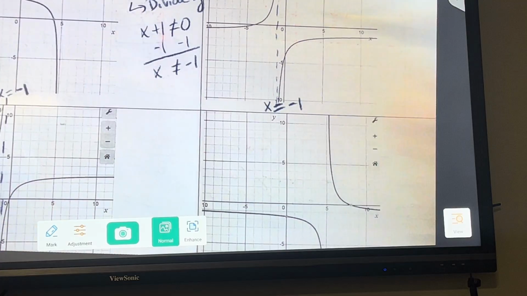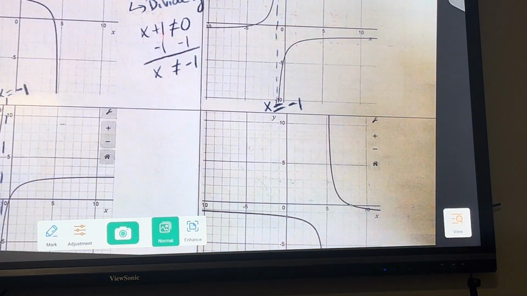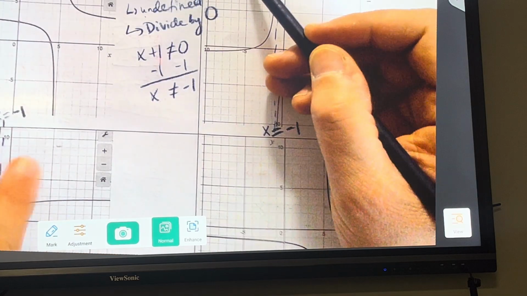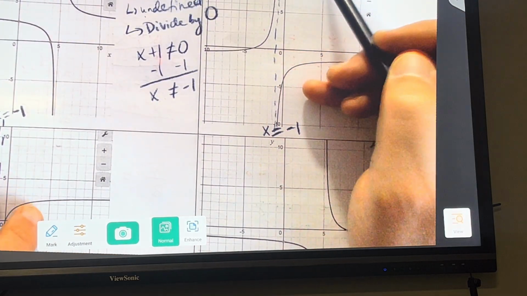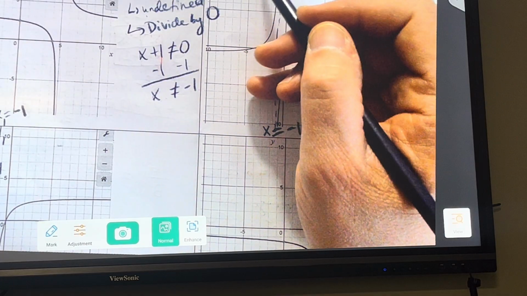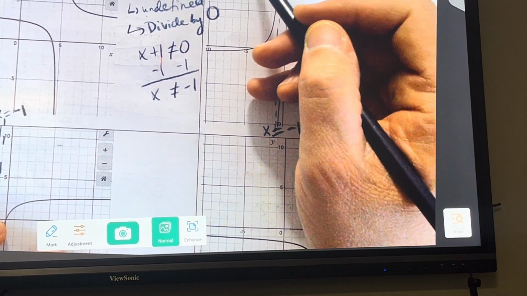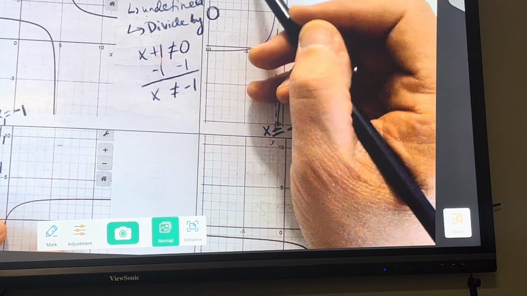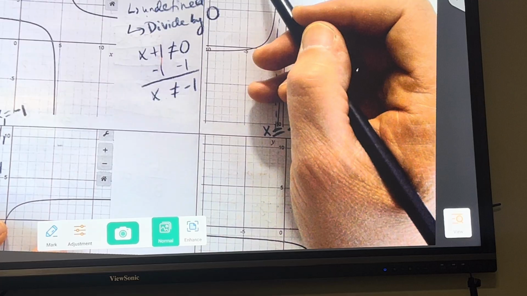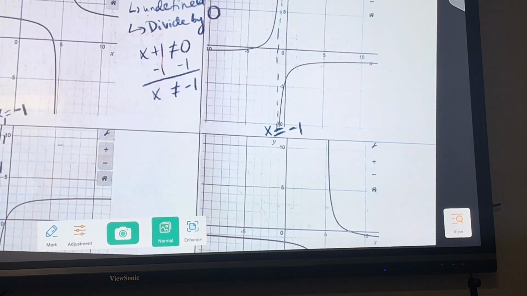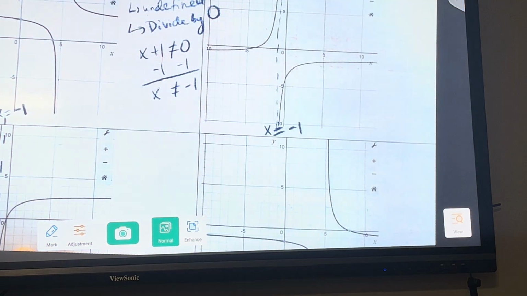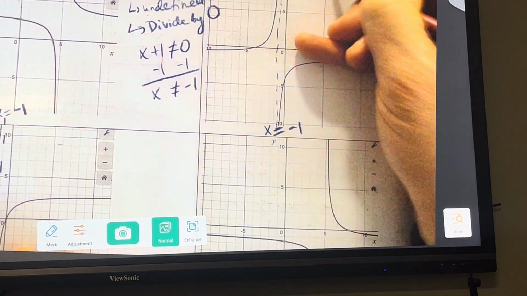Okay. We'll real quick look at the vertical asymptote you get from B and from C. Again, take the denominator and set that not equal to 0. Then add the 5 to both sides to say that x cannot equal 5. And over here, same thing, x cannot equal 5.